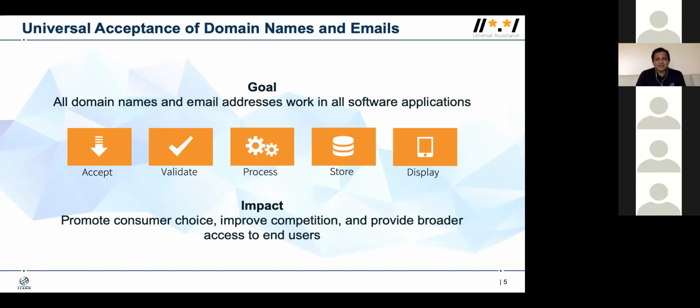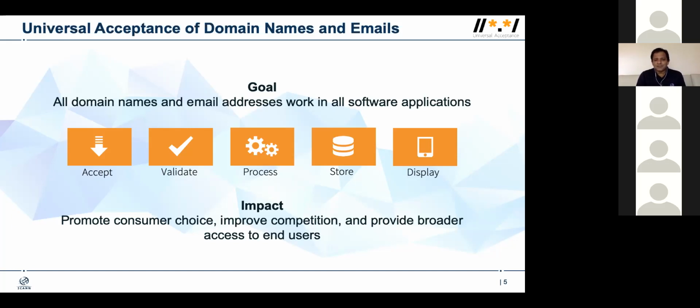So that's what we are trying to address here. Basically, the application should be able to accept, validate, process, and if you are storing in databases, you should be able to store it properly in the database fields and so on. And then, of course, the application should be able to display these domain names and email addresses correctly. As you can see, with this process there's a big impact.